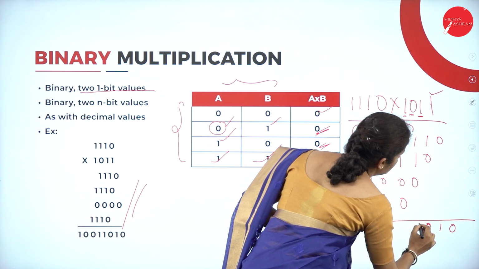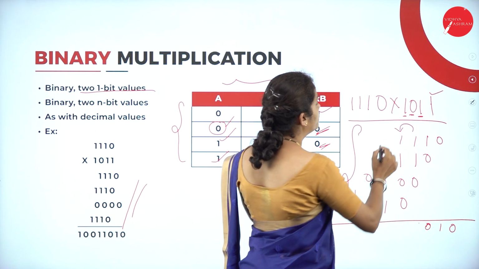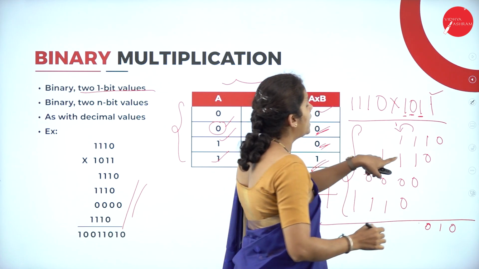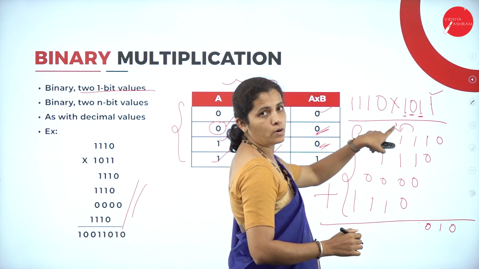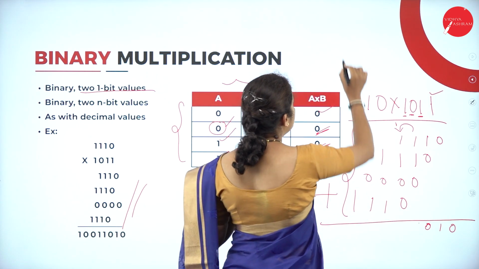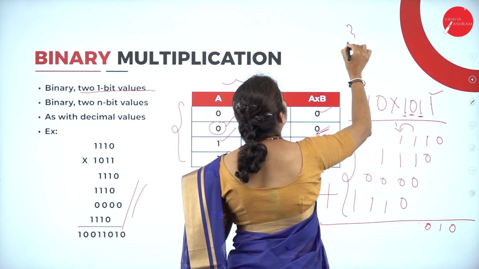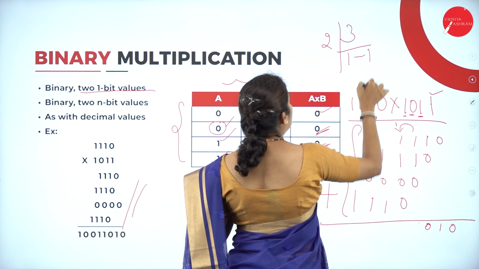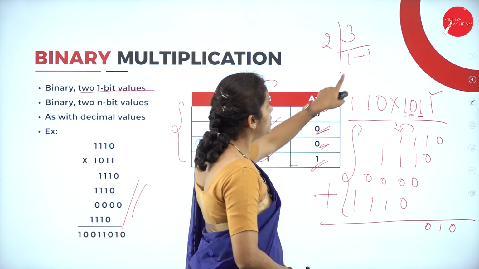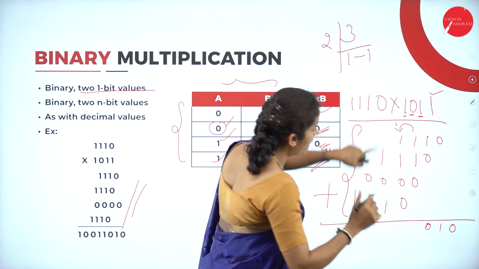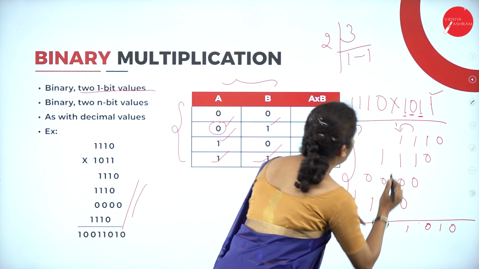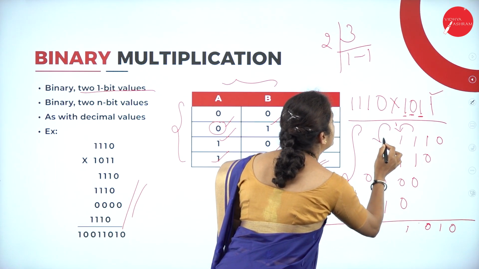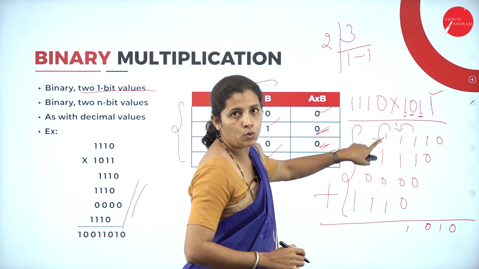Now, I have 1, 1, 1. So, how many ones? 3. In binary, how is 3 represented? 2 ones and 1. So what I will do, I'm going to place 1 here and I'm going to carry 1 to the next bit.